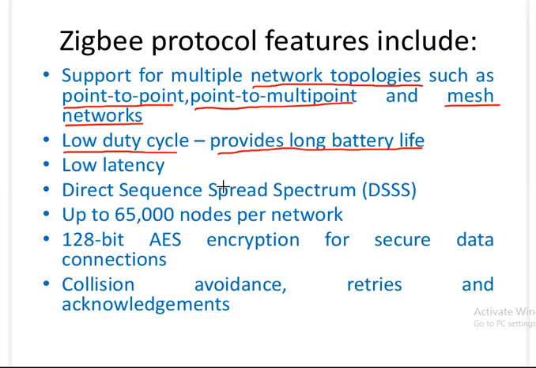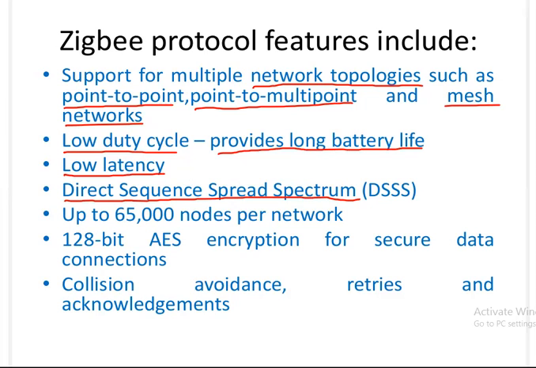It also has low delay, low latency, and it uses DSSS, direct sequence spread spectrum, so that interference is minimized even though it is an unlicensed spectrum. It is one of the CDMA techniques, so interference will be less even though all the users are using the same frequency.